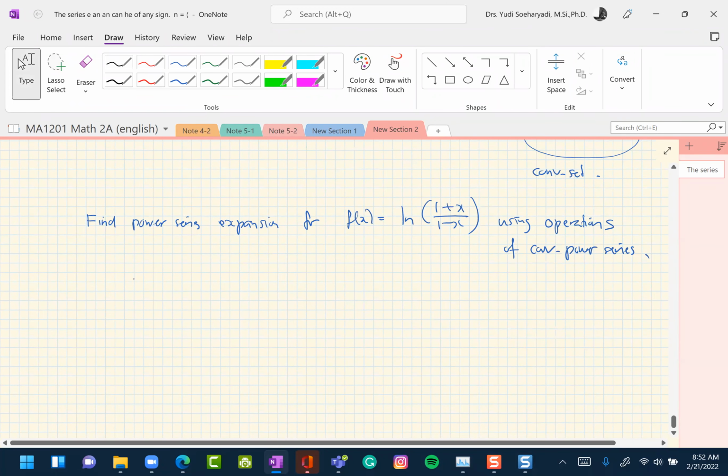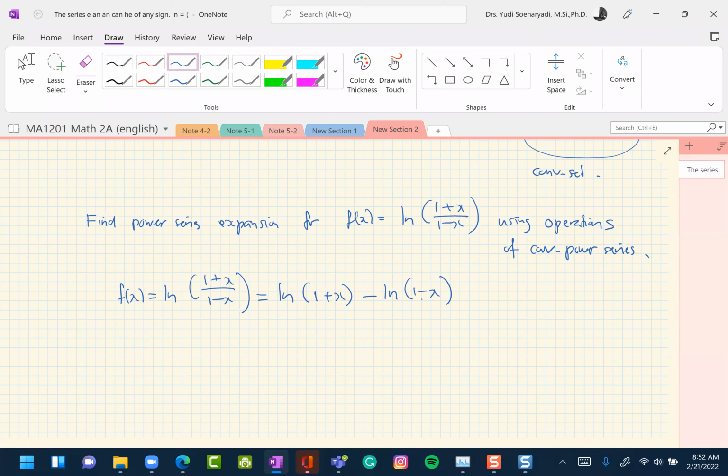Let's see here. F of x is the difference, by the property of logarithms.